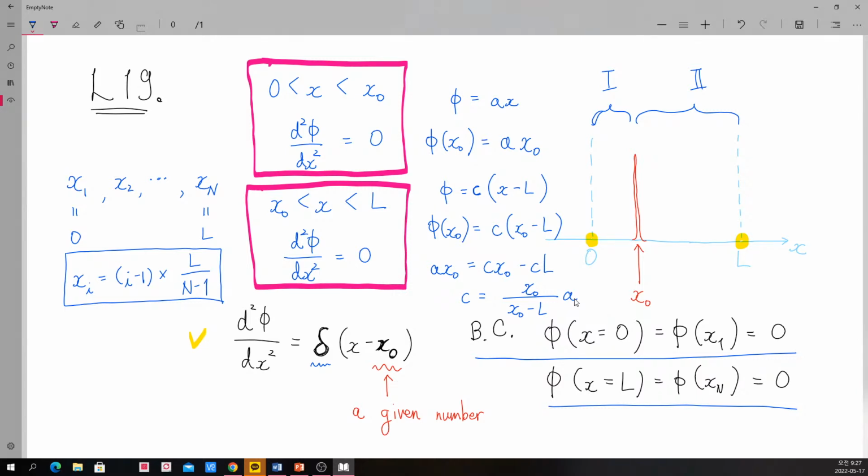So simply speaking, when we just insert this c into here, then let me just delete it. Since c is given as x naught minus l, x l a.